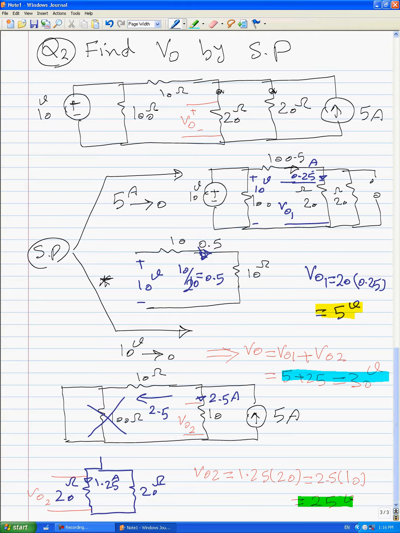Okay, next question. Again, this supports the superposition technique. In this question, question 3, we want to find out Vout by using the superposition technique.